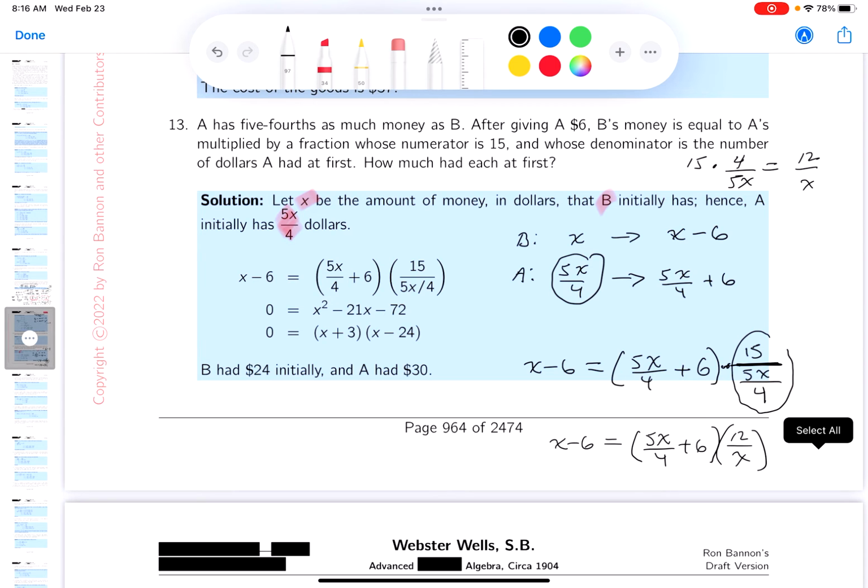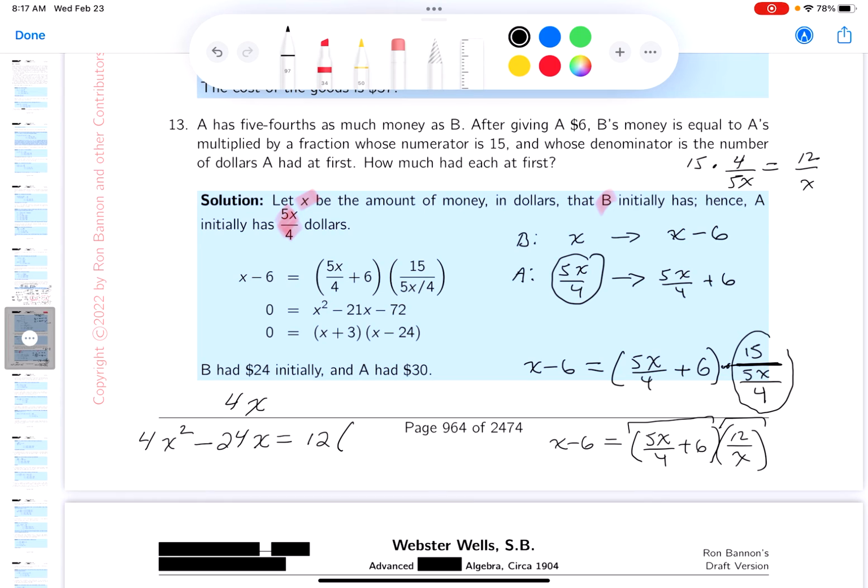All right. What am I going to do now? Oh, boy, I guess I got to do something. I'm going to multiply both sides by 4x. And what would you get? You would get 4x squared minus 24x. Now, you may wonder why I'm using 4x. I'm going to use the 4 in this and the x on that. So I get 12.